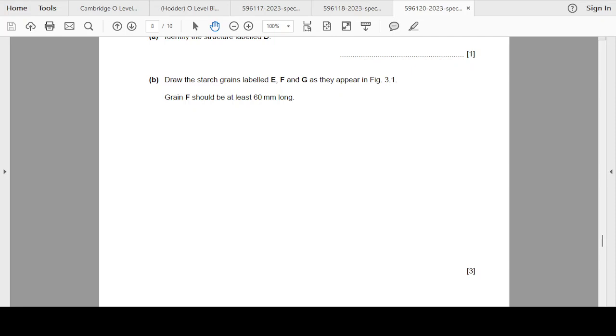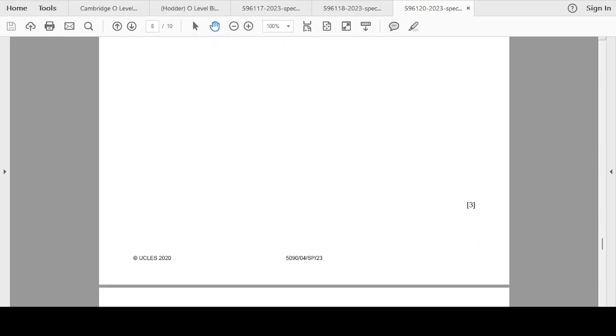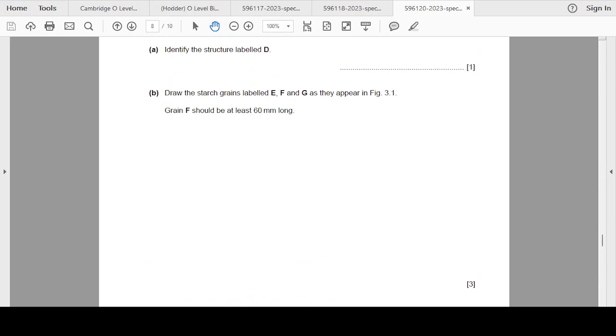And right, the extreme ends, so the tip on both ends should be at least 60 millimeters long. That's 6 centimeters. So you use a ruler, you make it slightly larger, the space would allow probably, going from one end to the other. So if I can just access my whiteboard, it should be something like this, right? You use a ruler and you make the starch grain.